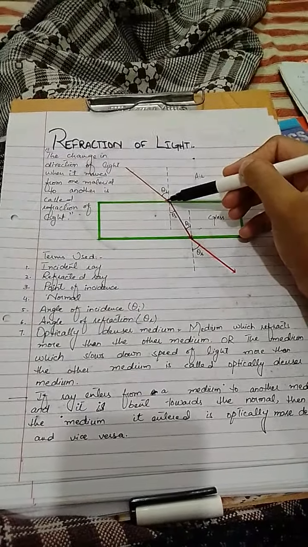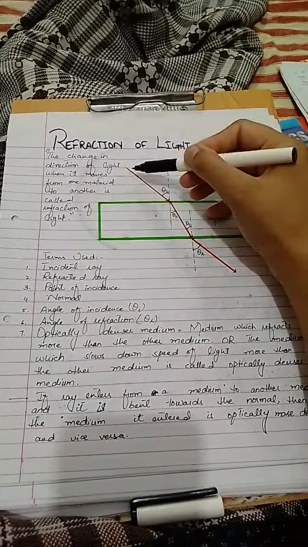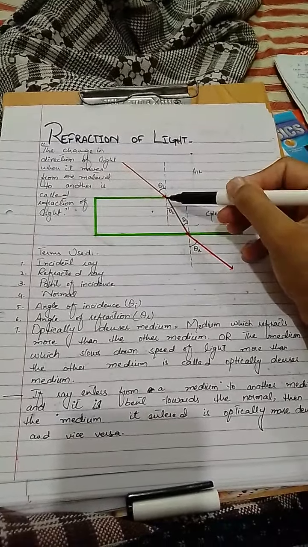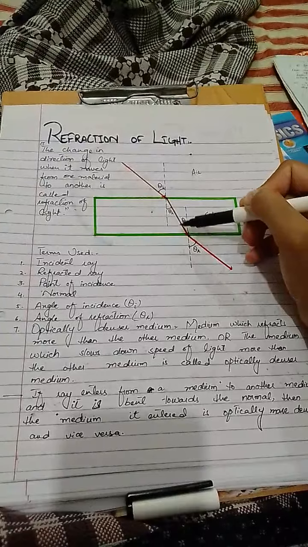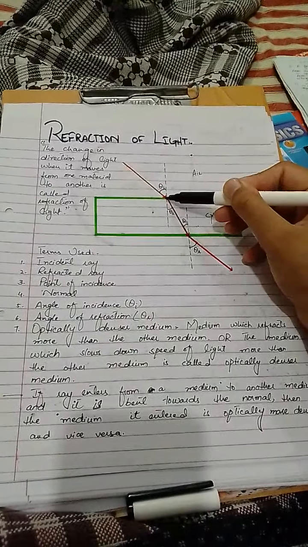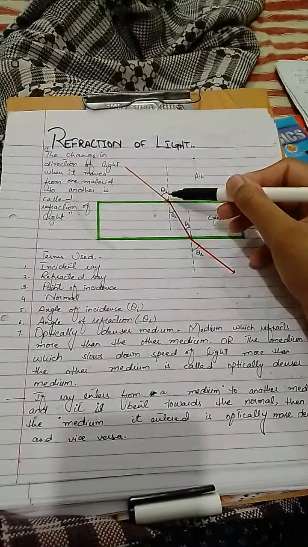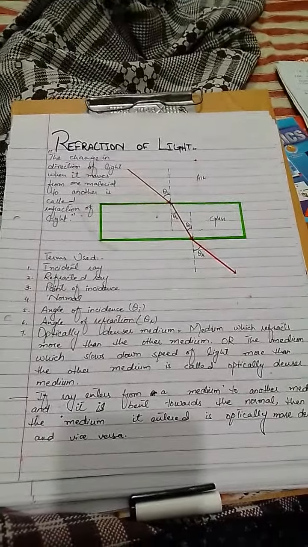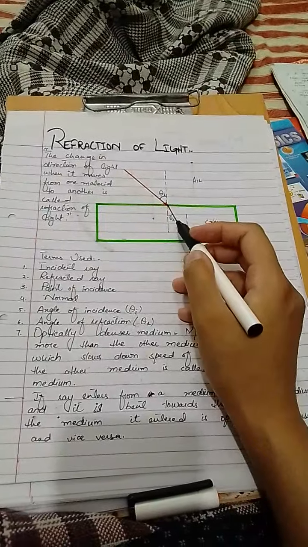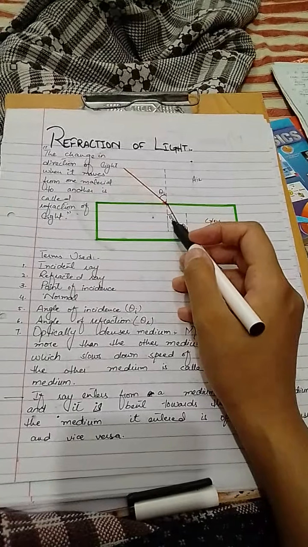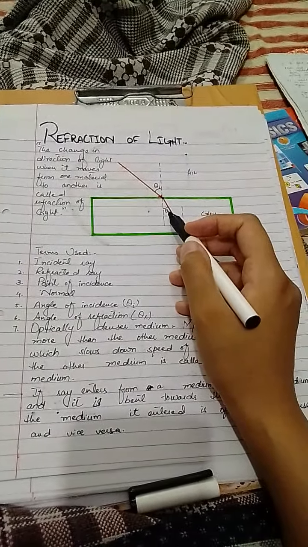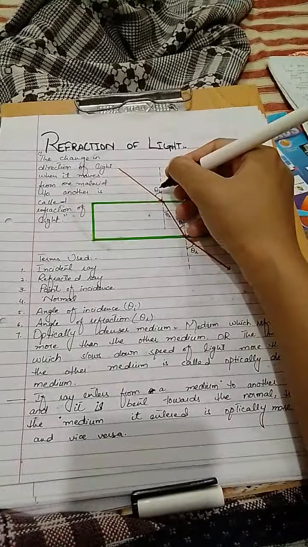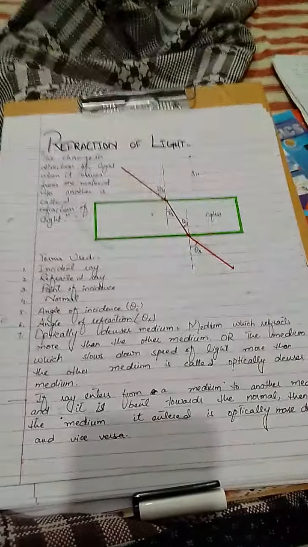I would just have to remove this arrowhead from here and draw this arrowhead here, and then draw an arrowhead here. So the light ray would come and strike this point of incidence and go back refracted at a certain angle. In this case, you would see that the angle of incidence would be this one, and this would be less than the angle of refraction, which in this case becomes this theta.